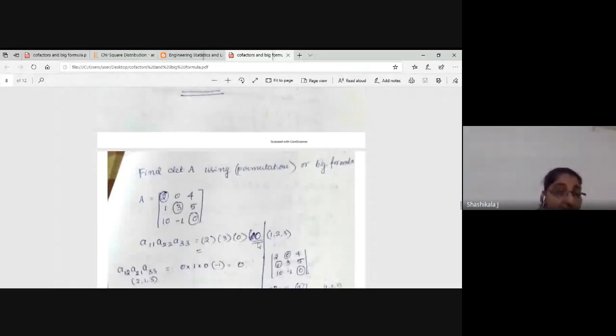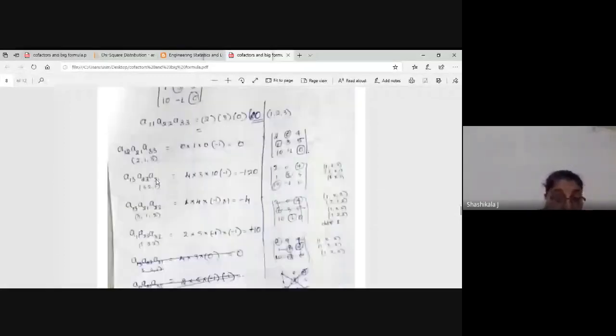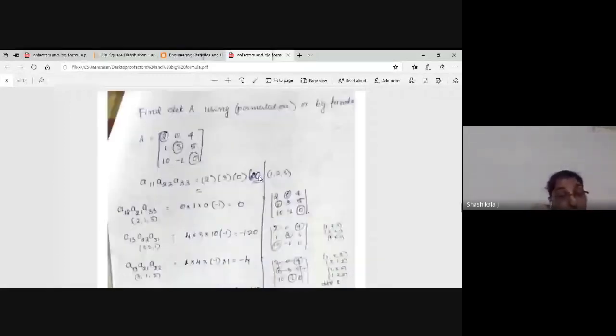Understood? Next, I will take the other combination also. If you have any confusion, please go with the order. If it is 2, now I have to go for this and this combination. Either one combination is left, then this is gone, 3. Now what is the other possibility for the same element?